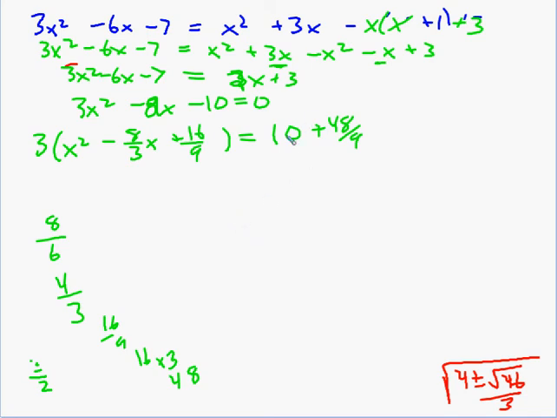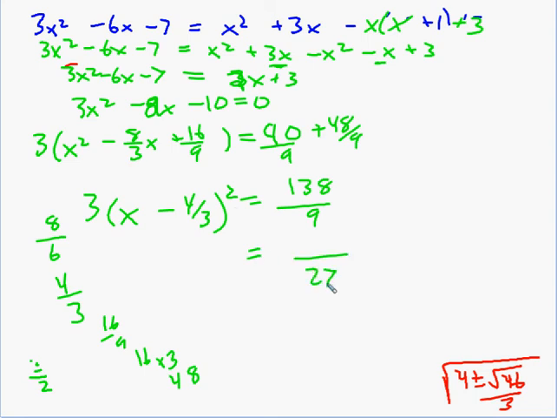And then let's get a common denominator, 9. Well, this is not looking much better. May my mental math skills not fail me. 3. Factor this. Now divide by 3. This is horrible.